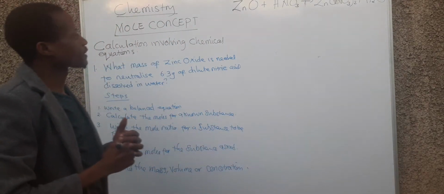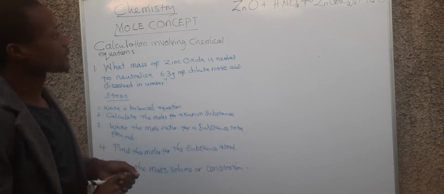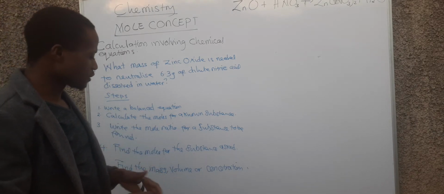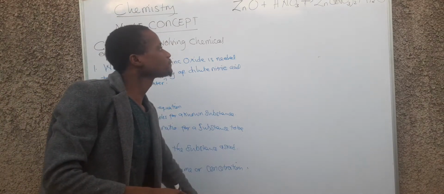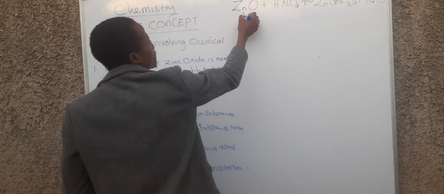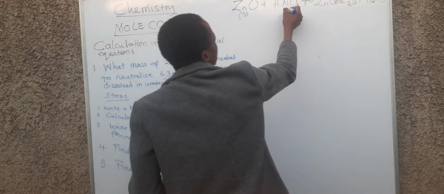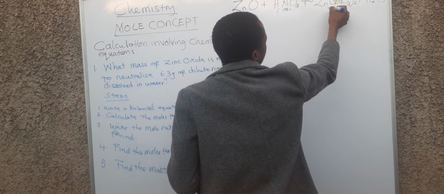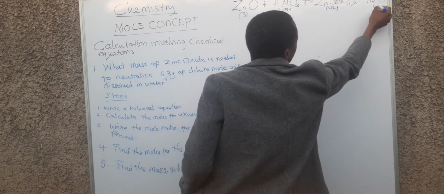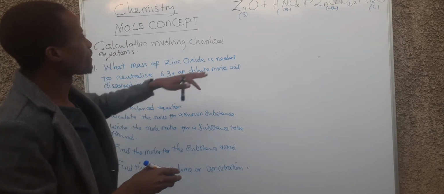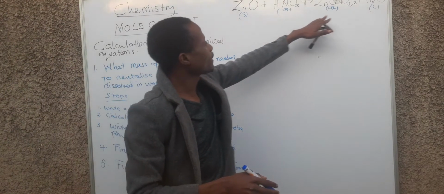So zinc oxide plus nitric acid to produce zinc nitrate and water. Now you need to balance the equation. This is solid in terms of the state symbols. That is aqueous. That's a liquid.